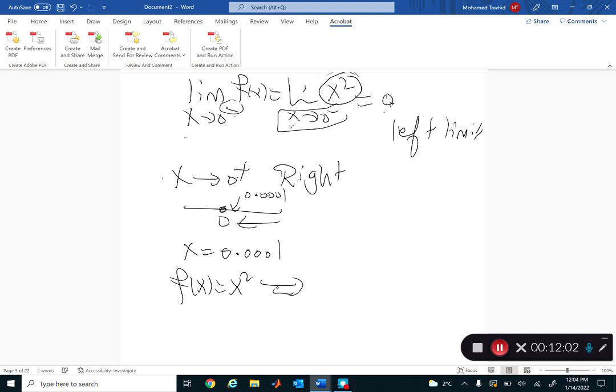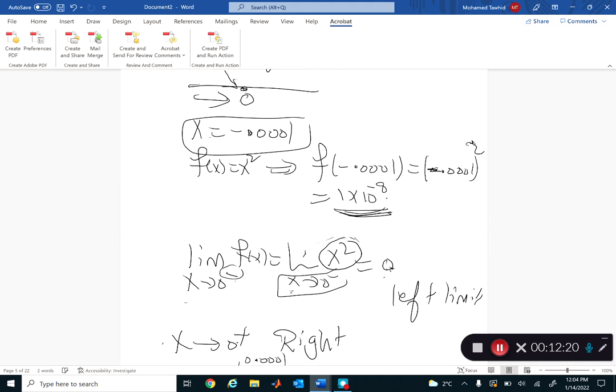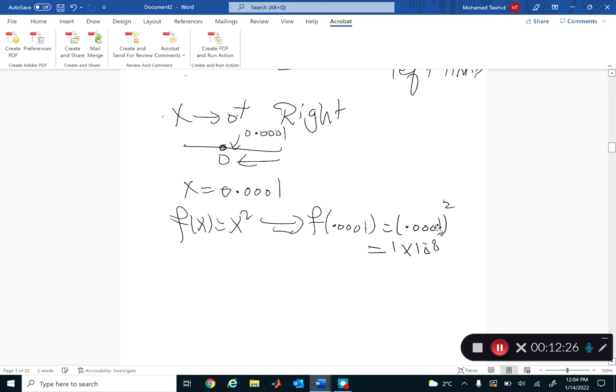So here you have f at 0.0001. It will be 0.0001 squared, which is again the same number that you have up here, because here, look, you have a negative sign, but it's squared. A negative squared gives a positive, and here it is positive, so you will get the same number.